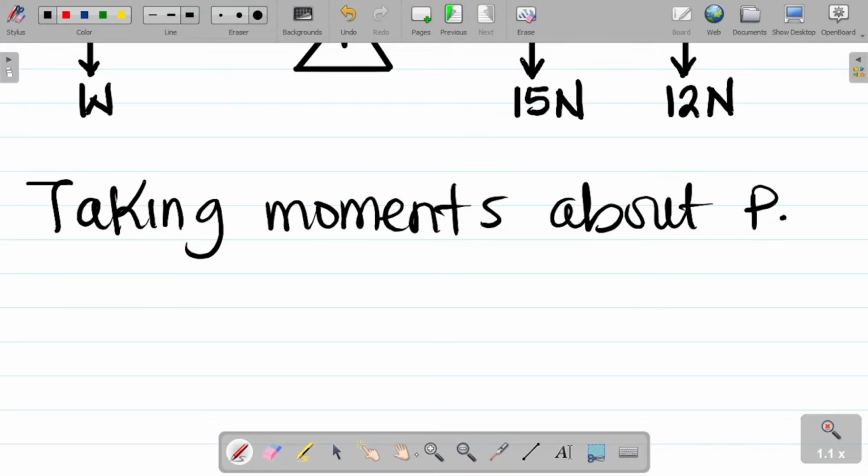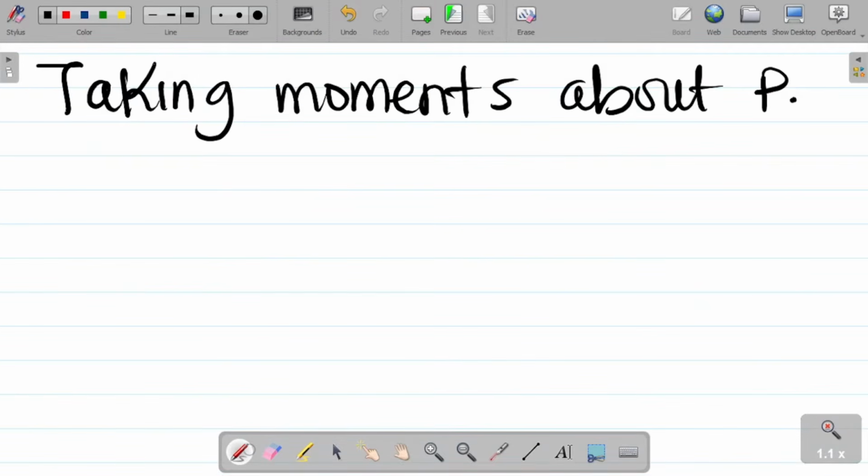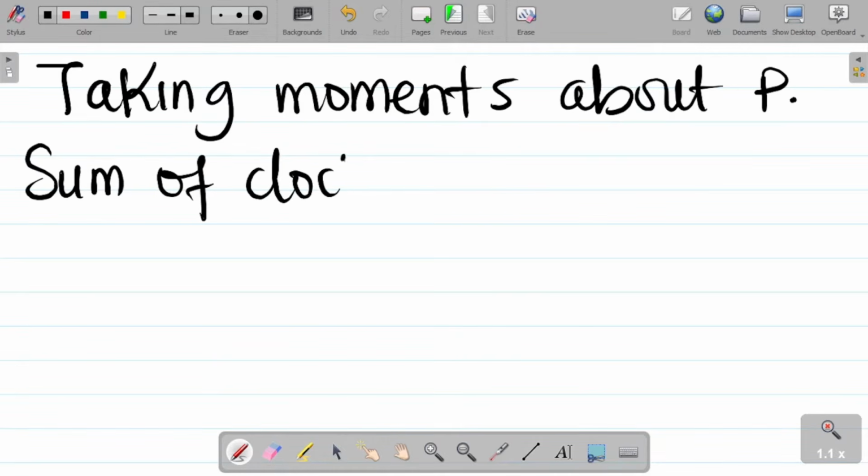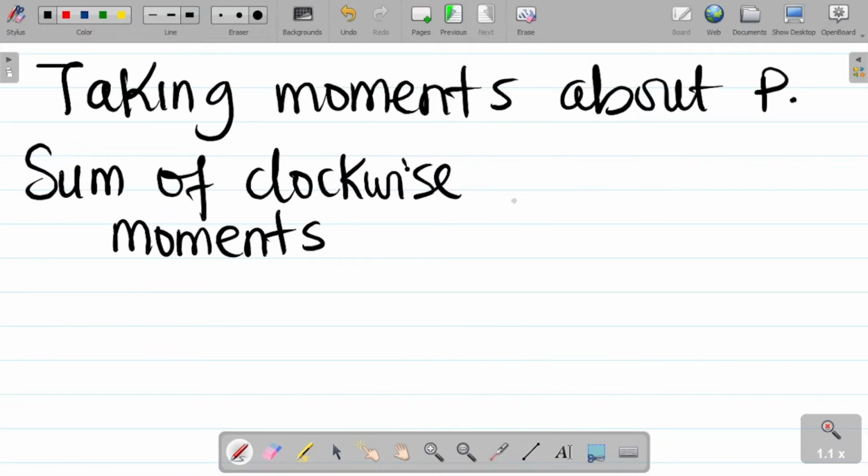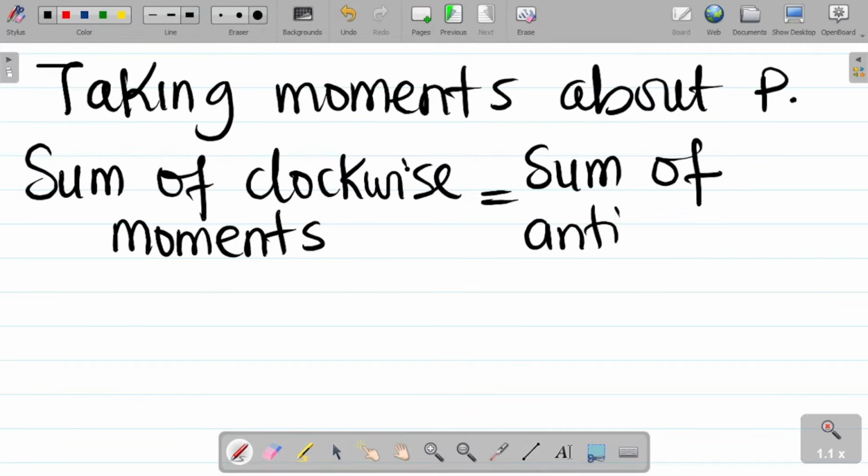All right. So how do we do this? From the principle of moments, we have that the sum of clockwise moments will be equal to the sum of anti-clockwise moments.